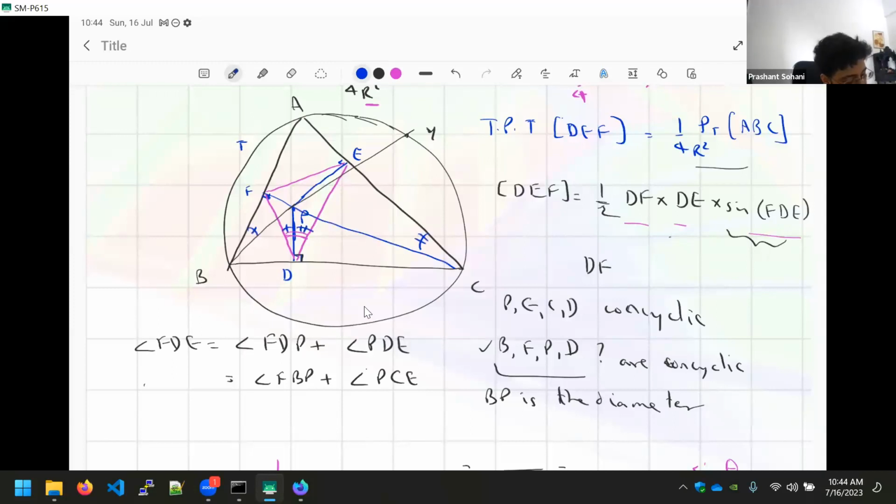And then this angle FBP, which is also equal to angle ABY, and which will be equal to angle ACY eventually.